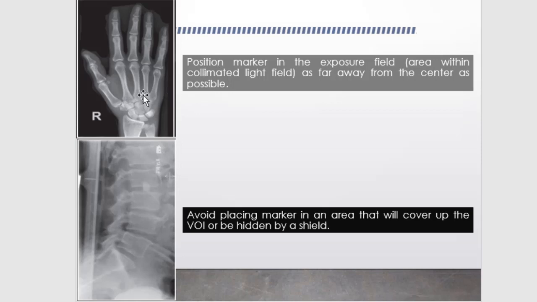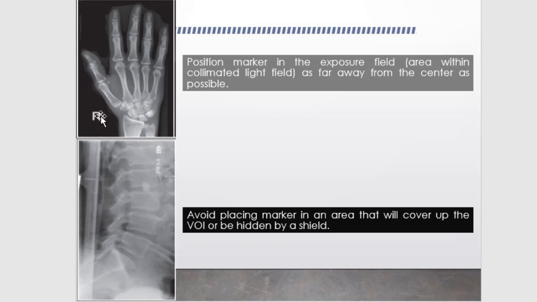For example, if you look at this radiograph of the PA right hand here, you can see the position marker in the exposure field, the area within the collimation, it should be tight fill, as far away from the center as possible. You don't go too near to the center, put it at the side.